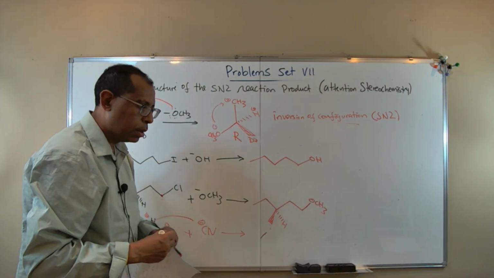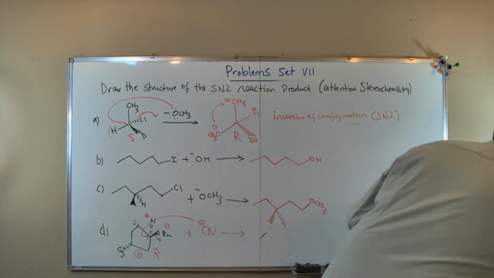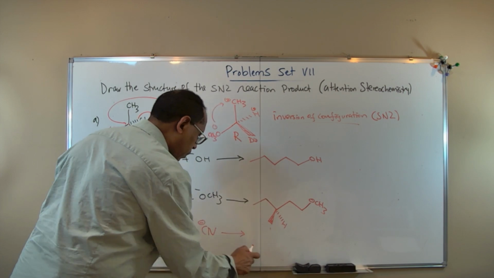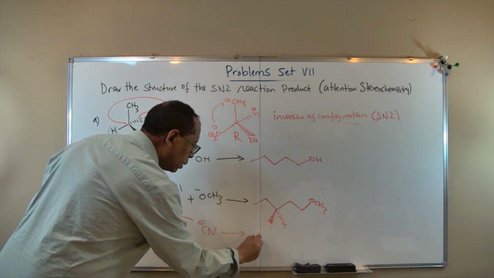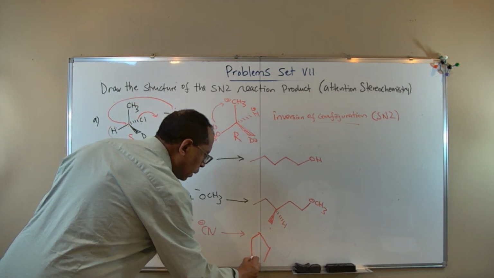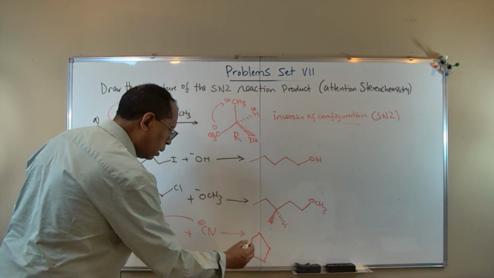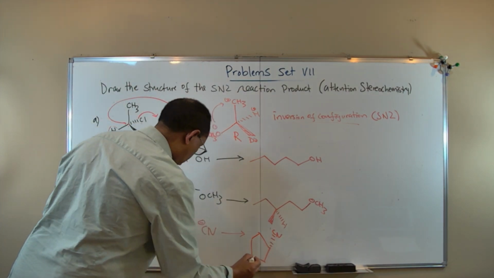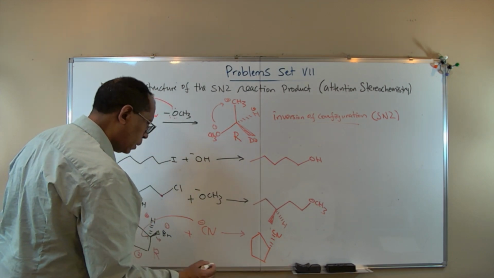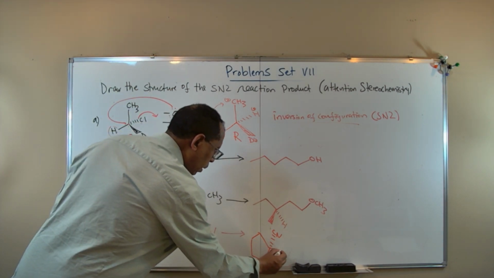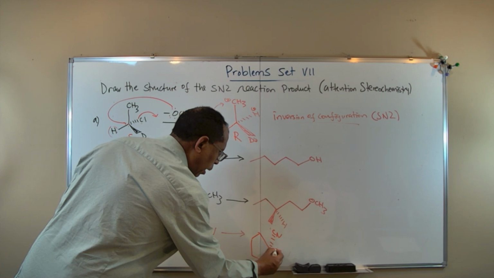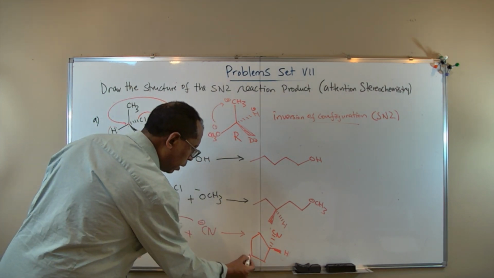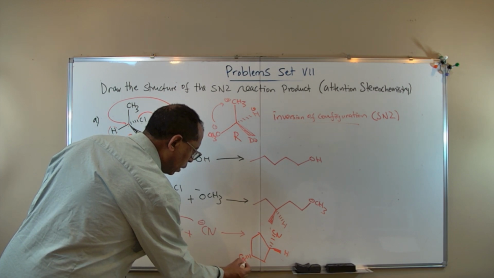oh, these are not good, sorry. So it is this. If I just put cyano here, and obviously this is hydrogen now, and you don't change anything on that carbon, CH3.